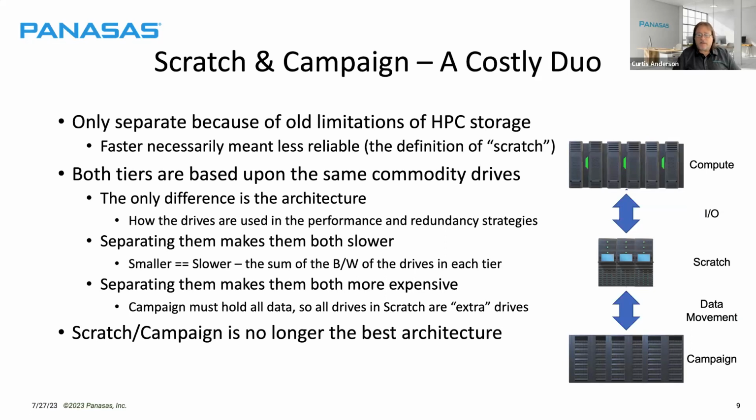So you have three products there to manage instead of one: Scratch, Campaign, and the movement software and infrastructure. It served its purpose at the time, but I'm going to make the argument, and try to convince you, or at least start the conversation, about the costs of that and how a single tier architecture can be more efficient and less costly.